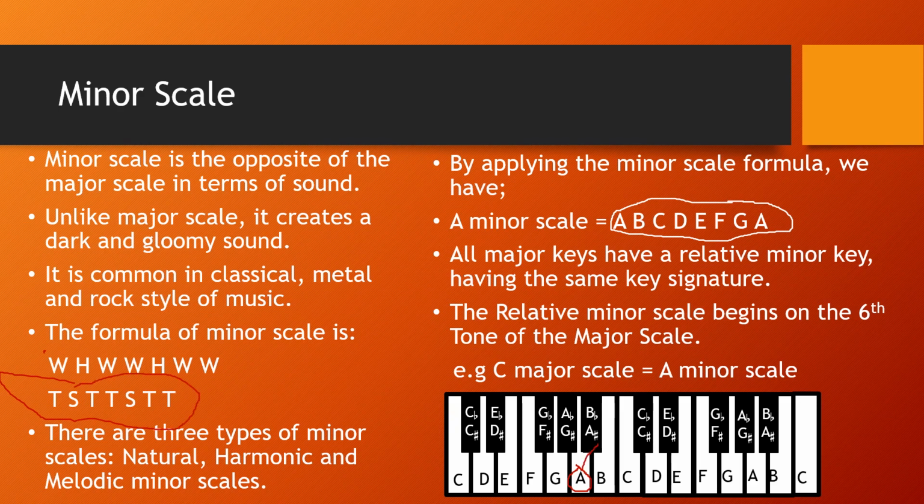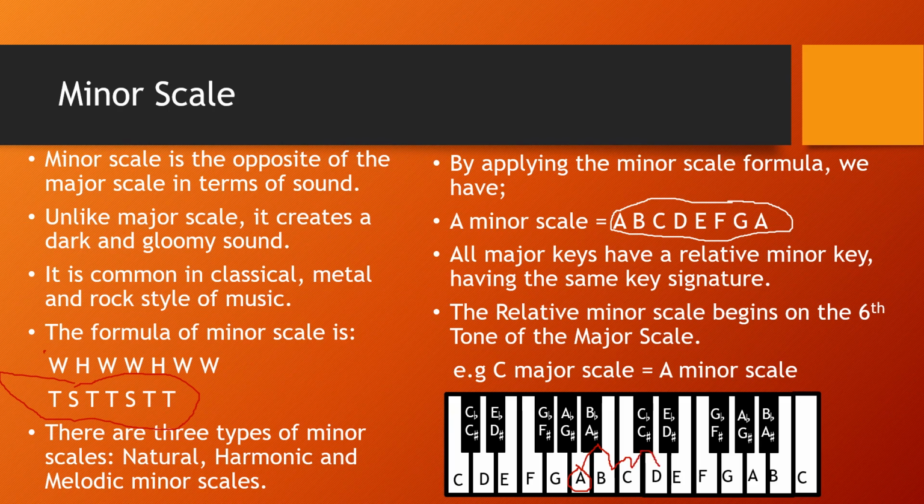So from A, we have what we call B, a tone. Then it says we should go for semitone. Semitone will give us C here. Then it says we should go for tone again.